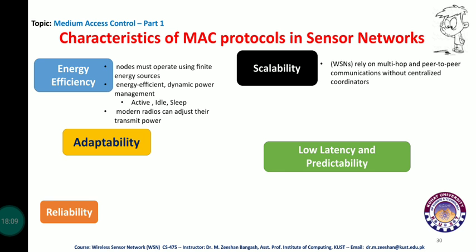Keeping in view the scalability issues, the WSN relies on multi-hop and peer-to-peer communication without any centralized coordinator, and it consists of thousands of sensors. So this multi-hop communication needs to be coordinated in an effective way, so that the resources can be efficiently used without incurring unacceptable overheads.